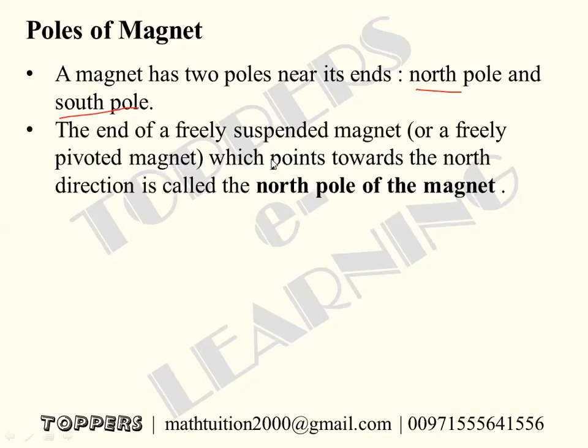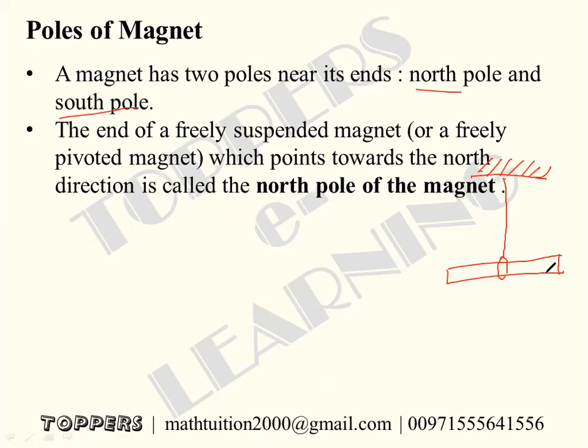The end of a freely suspended or freely pivoted magnet which points towards the north direction is called the north pole of the magnet. Suppose I have a magnet here, and I have pivoted or suspended it.